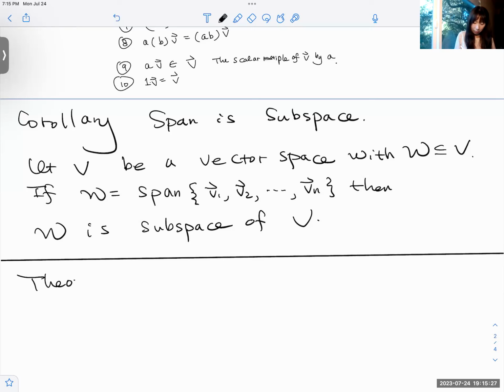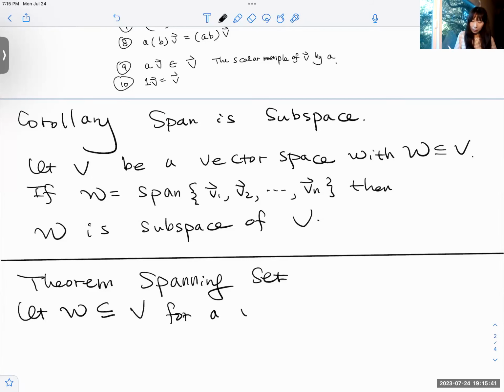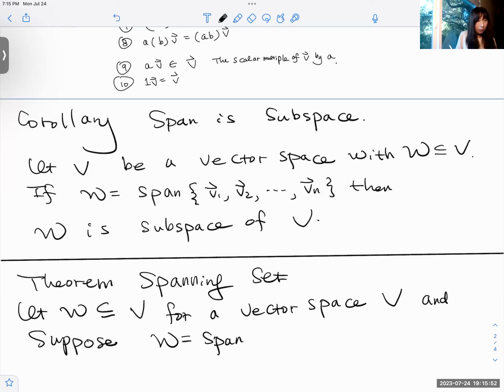Theorem: spanning set. Let W be a subset of V, for a vector space V, and suppose W equals the span of V1, V2, until V sub n.